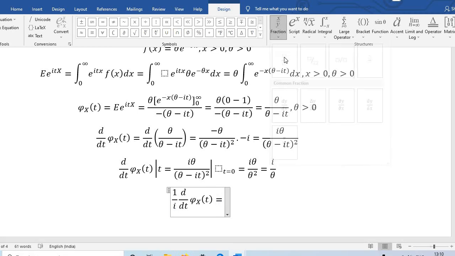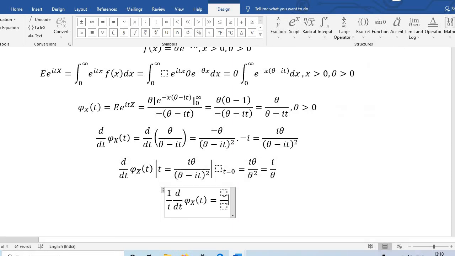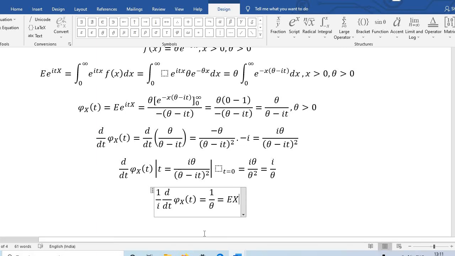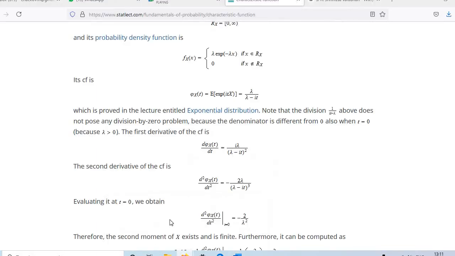Okay, this is the mean. So this is nothing but the expectation of x. So that is given here.